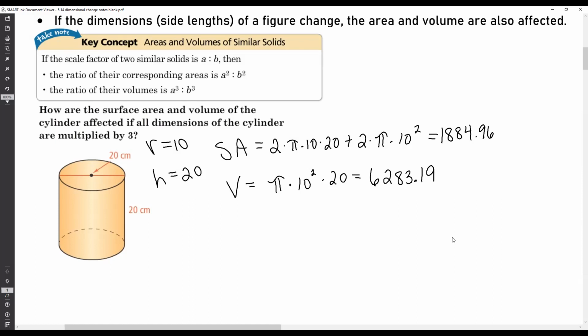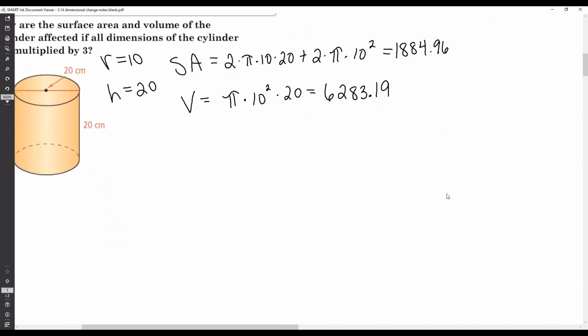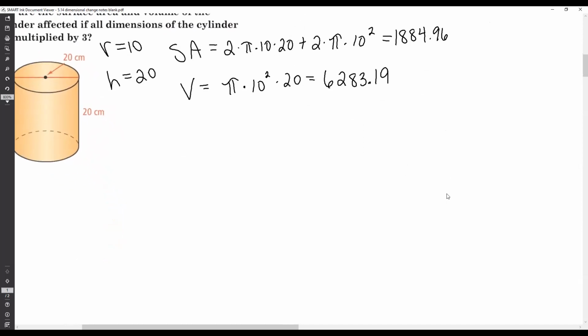Now let's see about changing our dimensions. We're going to make our dimensions 3 times the size. So our radius would now be 30, and our height would now be 60, because 10 times 3 is 30 and 20 times 3 is 60. So we're going to calculate the surface area again. Instead of 10 for my radius, I'm going to do 30, and instead of 20 for my height, I'm doing 60.